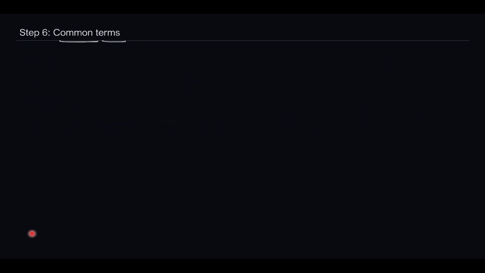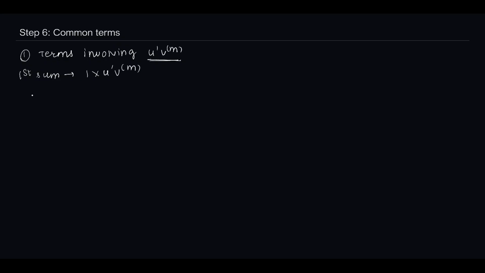In step number 6, terms involving u prime v^m from the first summation and second summation. So from the first sum we get 1 as our coefficient of u prime v^m. Similarly, from the second sum we get m as our coefficient times u prime v^m. So 1 is the coefficient from the first sum and m is the coefficient from the second sum.